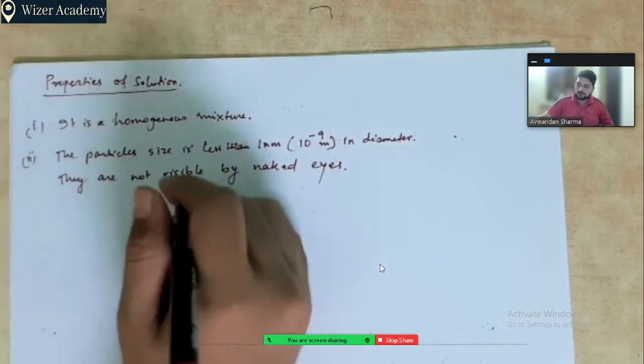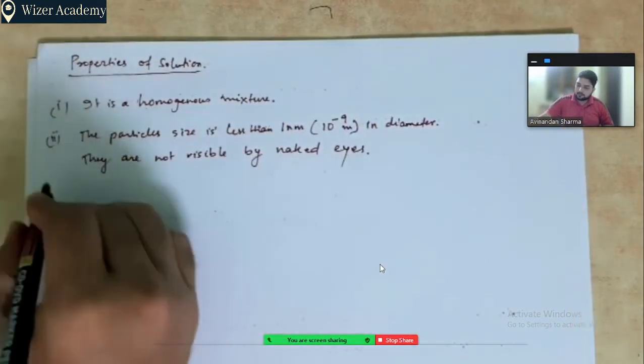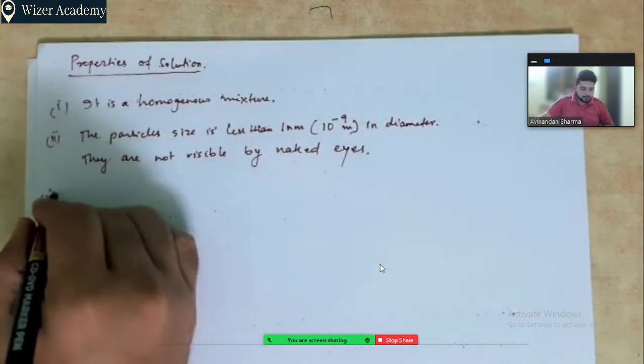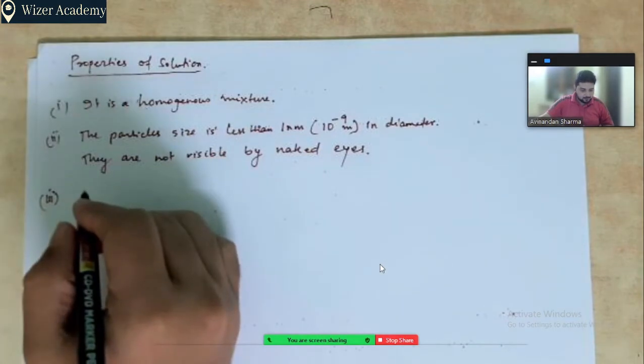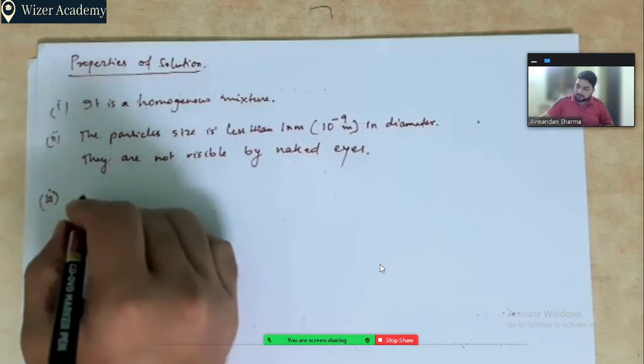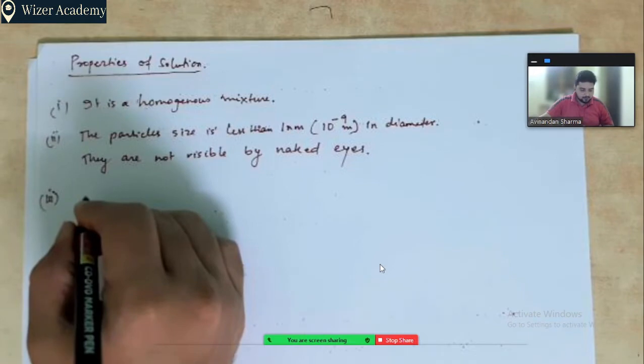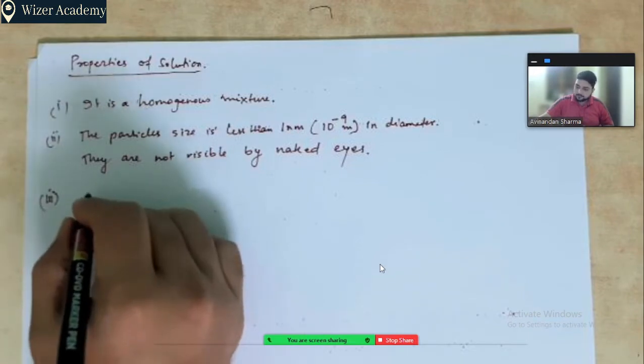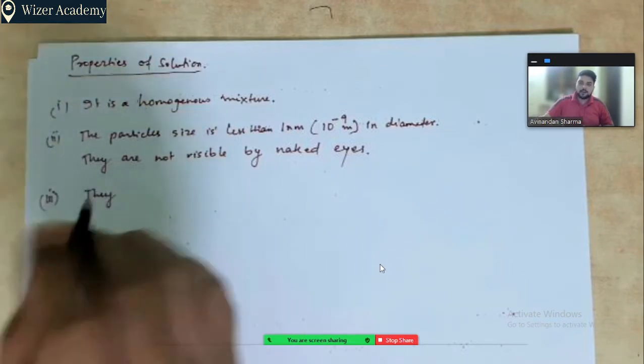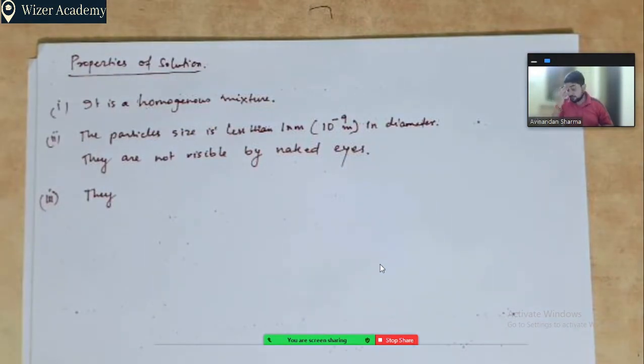Okay. Next, let us write down the third property. The third property is they do not scatter the beam of light passing through the solution. If a light is passed through the solution, they are not scattering the beam of light.